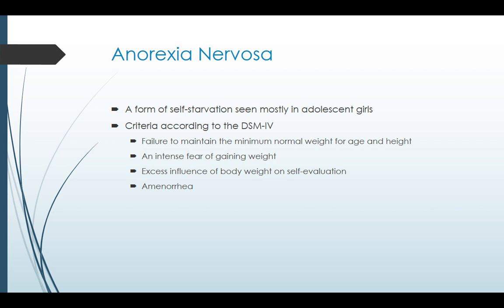Amenorrhea. May be genetic. Patient characteristics: average to superior intelligence, overachiever, who expects to be perfect in all areas, threatened by their emerging sexuality, obedient, non-assertive, and shy, low self-esteem.